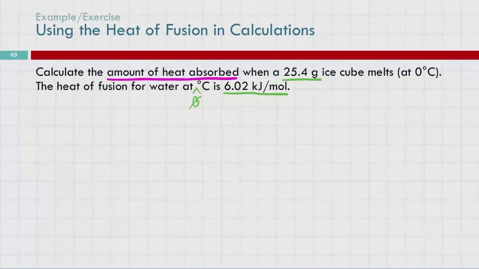This time, we've been a little nice with the problem. We haven't left off the per mole part because we've written the whole thing out. Okay, so we are looking for an amount of heat. What's a unit of heat?